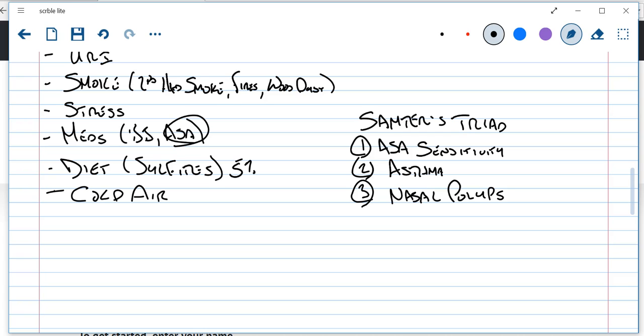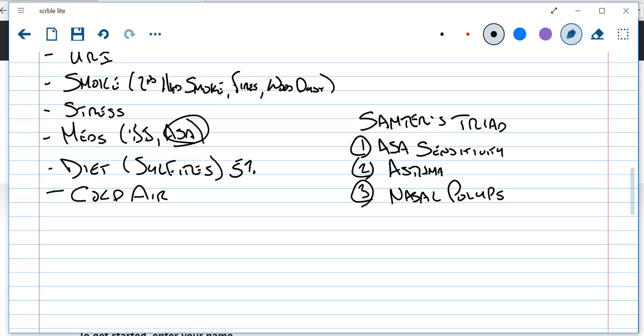So as a result, it causes them to have asthma. And one thing that you can find in that history, if you ask them, do they take aspirin, do they take NSAIDs on a frequent basis, you want to ask them, have they ever had any issues, any sinus surgeries, or ever been told that they have nasal polyps.